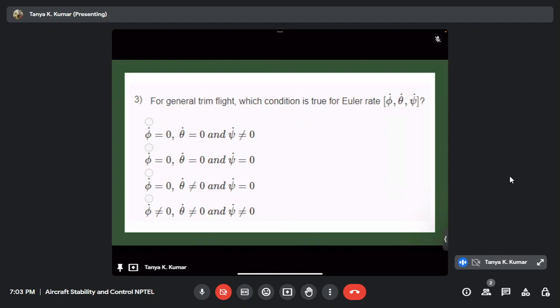Only phi dot and theta dot need to be 0. Psi dot may or may not be 0. Correct? So this is the general condition for general trim.